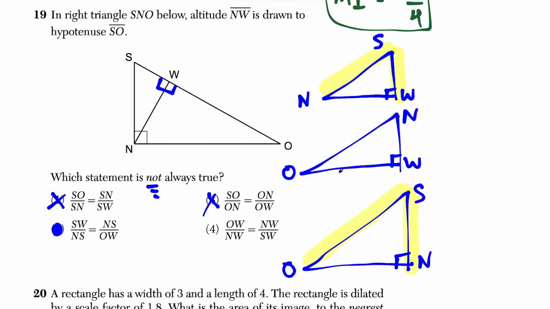So that's the medium triangle. OW over NW equals NW over SW. So this works because we're comparing the bottom side, the horizontal leg, to the vertical leg, which is going to be equal to the ratio of the horizontal leg to the vertical leg in this triangle here. So this one here is definitely always true. So it's going to be choice 2.